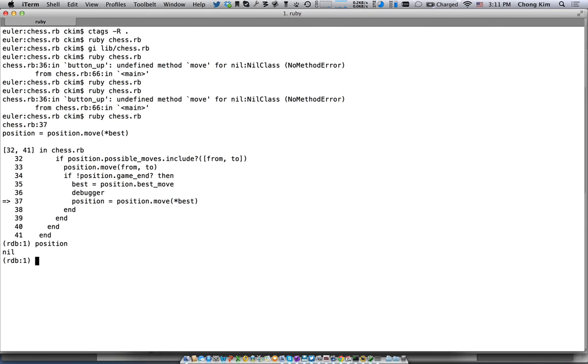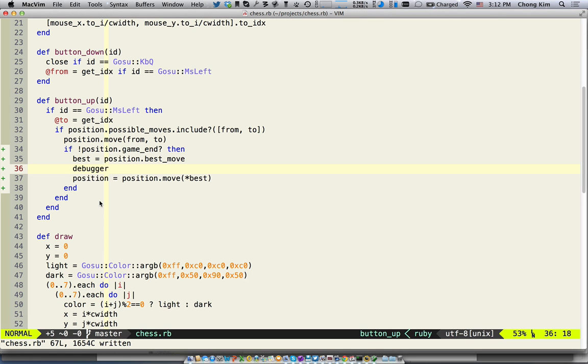This is almost impossible because here you have position dot best move, and so it's actually being called. But over here, this is very interesting. This seems like it may be a bug in Ruby because there's no reason why position should be null.